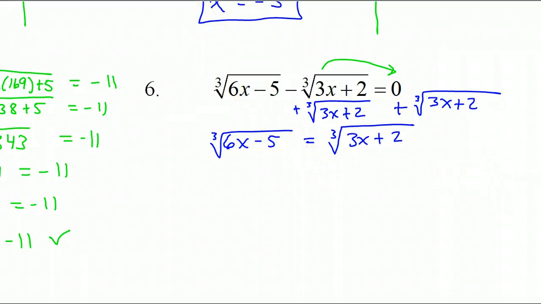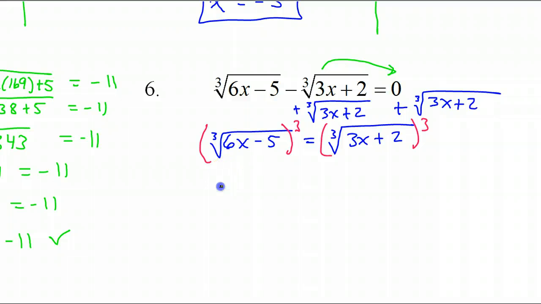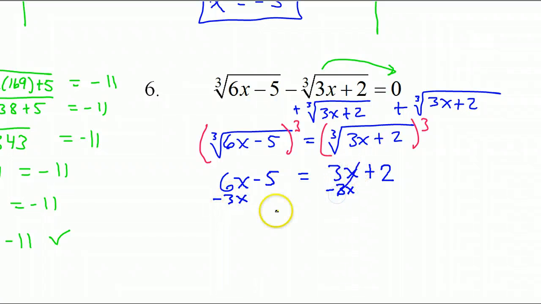All right, now if I want these radicals to go away, I can just cube both sides. So that will cancel out the radicals. So that will leave me with 6x minus 5 is equal to 3x plus 2. Anytime you see x's on both sides of the equation, you want to get rid of one of those x's by adding or subtracting. So that will cancel these out.